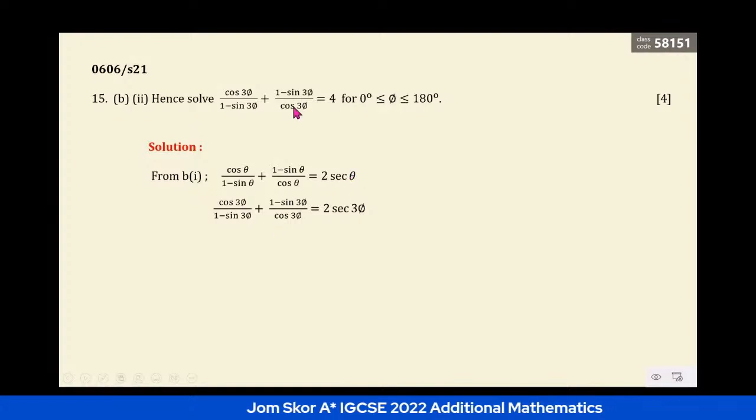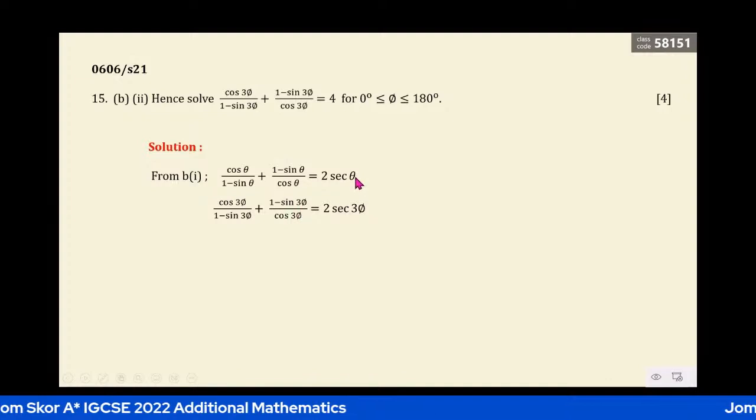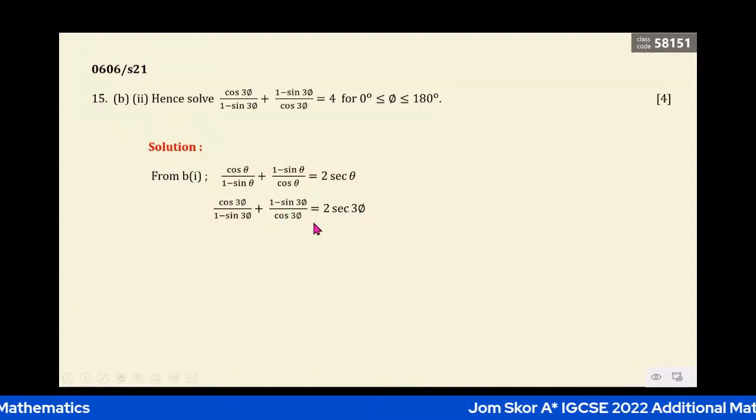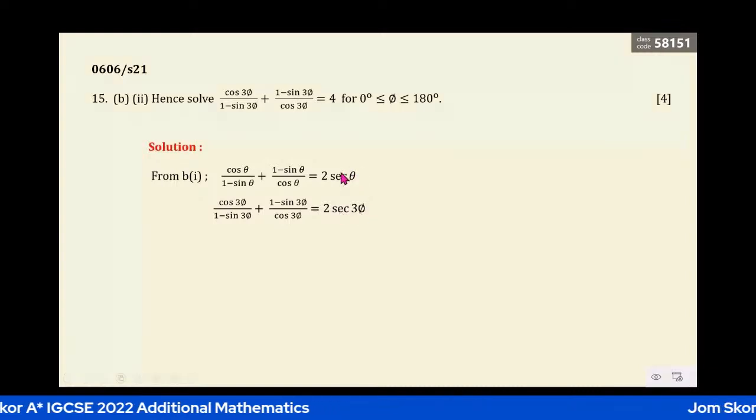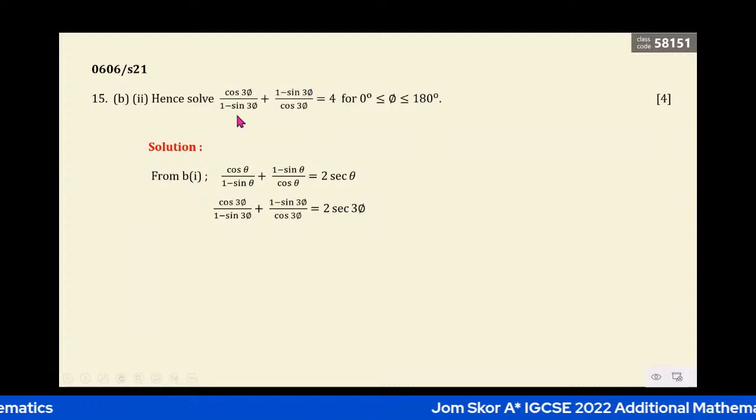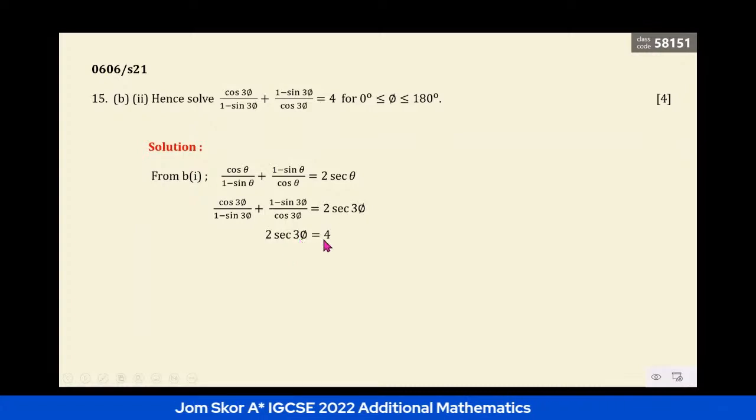So for this one, what changes is only from theta to 3 phi. So we should have this equal to 2 secant 3 phi. Same as before, just now we replace theta with 3 phi. Therefore, all these are 2 secant 3 phi, which is equal to 4.